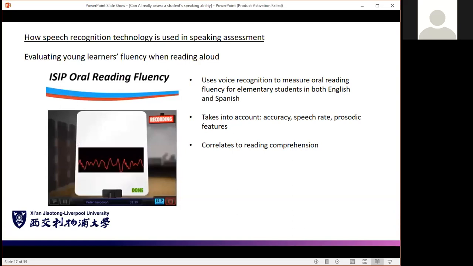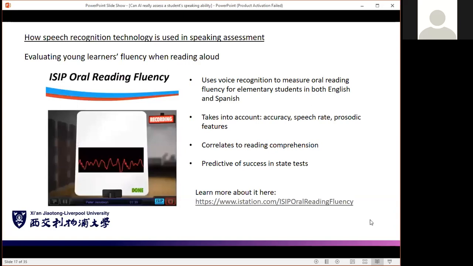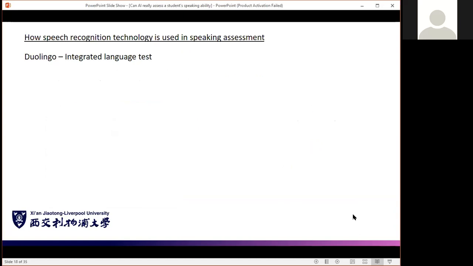And they find that the oral reading fluency scores correlate strongly to reading comprehension, and also are a good predictor of success in state, that's American state tests. If you're interested, you can learn more about it here. I'll share these slides with you at the end of the presentation.